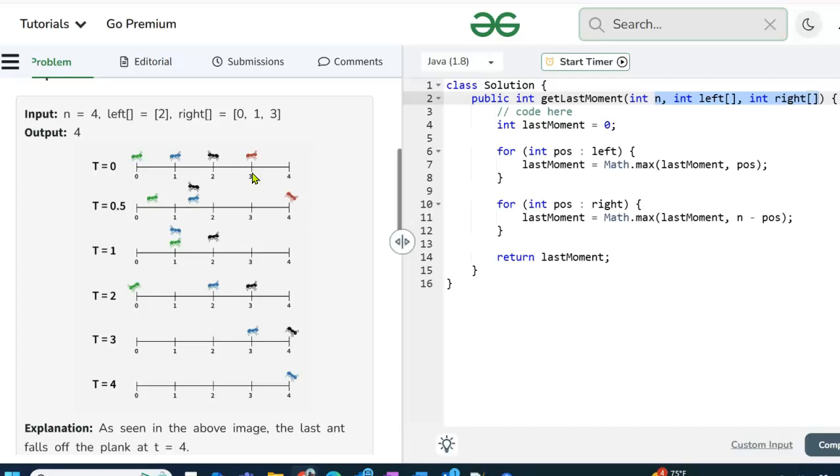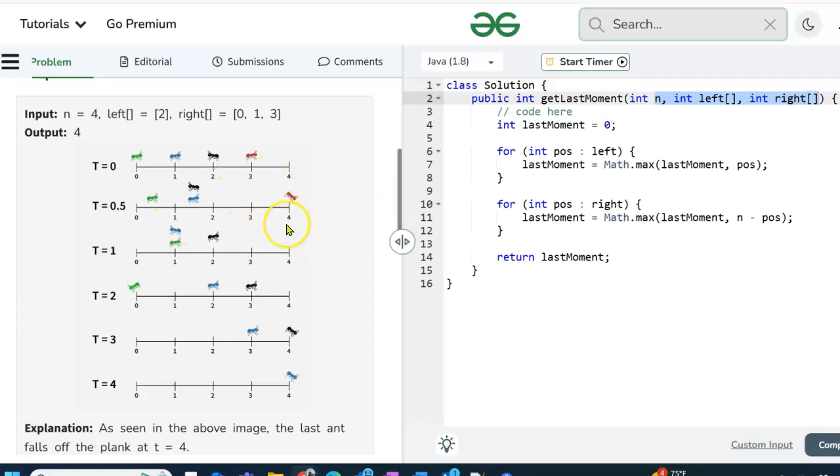Actually, let's look at where this other ant would be in 2 seconds. Without the interference of other ants, it would be at position 2, moving to the right.